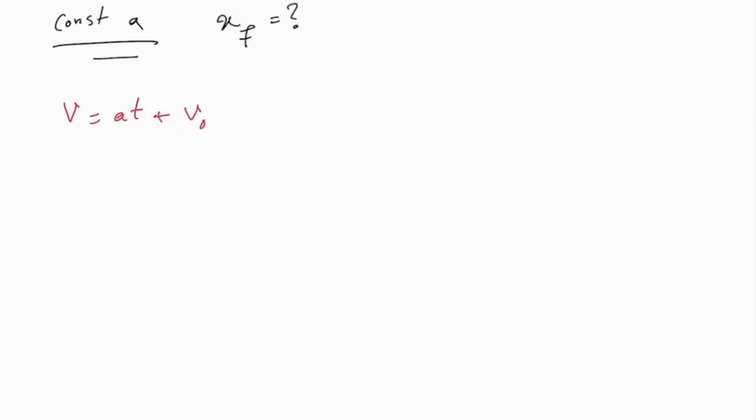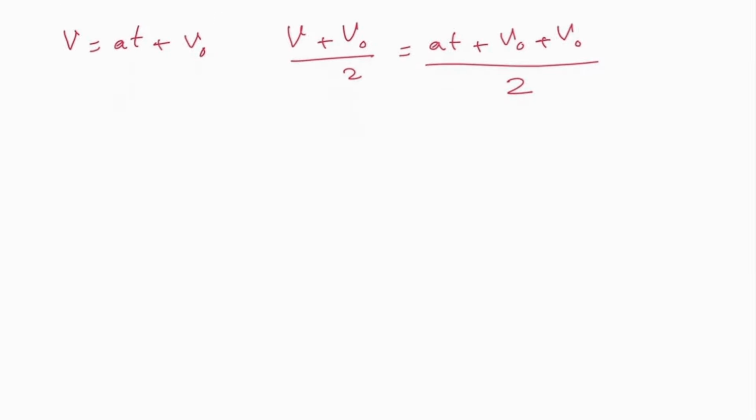Let's add v0 to either side of this equation and divide by 2. Now, we know that v plus v0 divided by 2 is average velocity. So let's substitute for that.